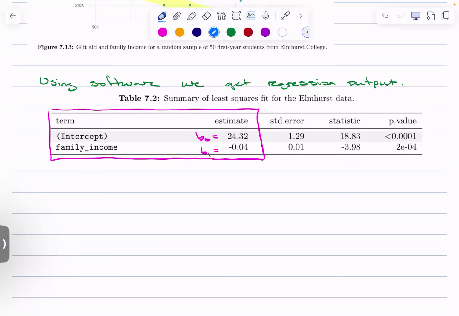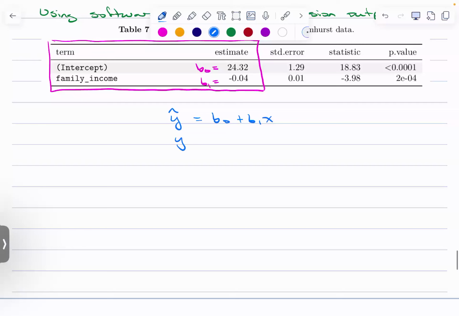From this, generically, we can say y hat is B0 plus B1 times x. So y hat is 24.32 minus 0.04 times x.